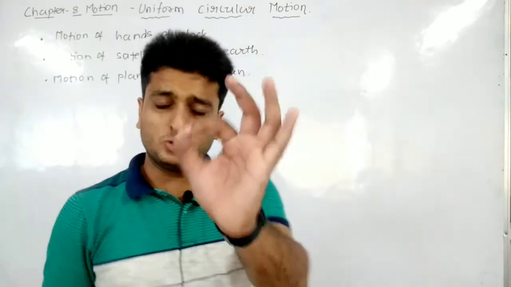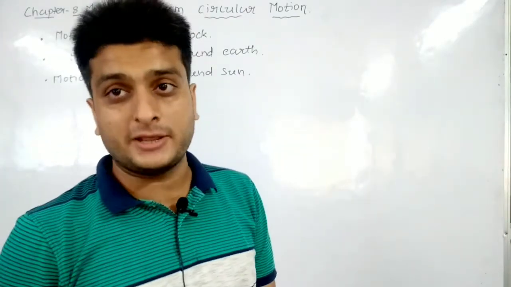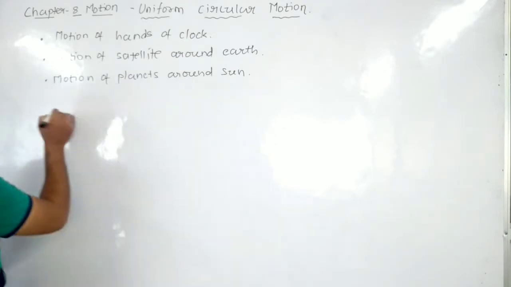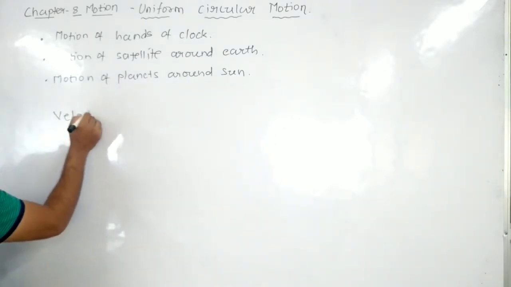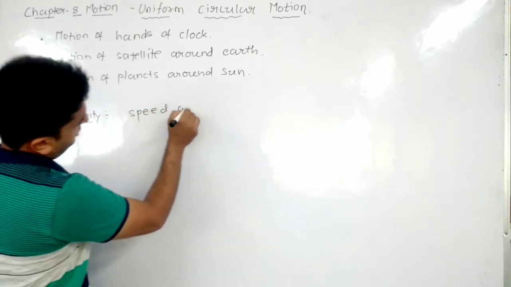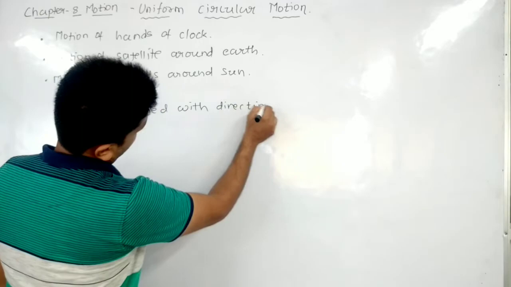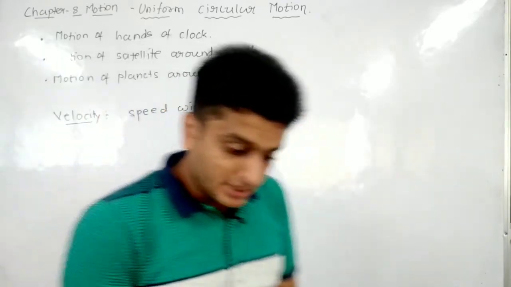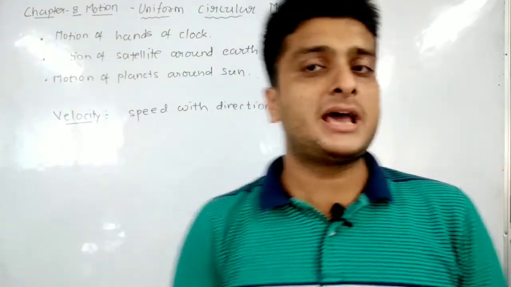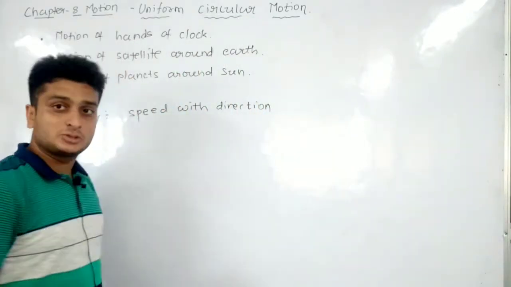Okay, now to understand the circular motion, you have to recall the logic of velocity. Okay, so velocity is nothing but the speed along with direction. Right, when you explain the speed along with the direction, we can call it as a velocity. That means velocity has two things.